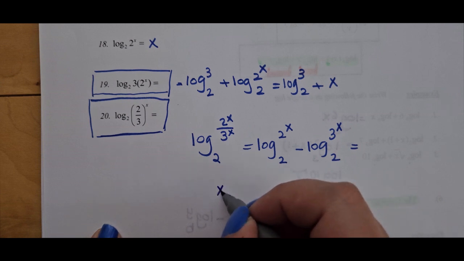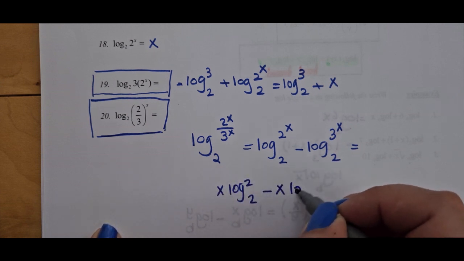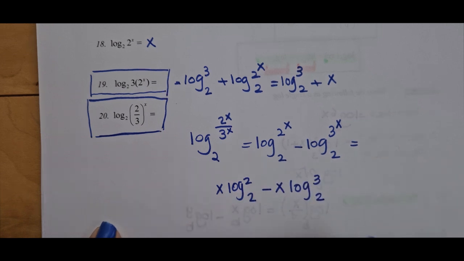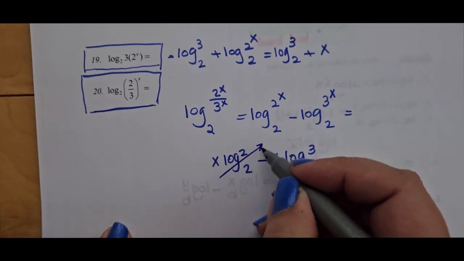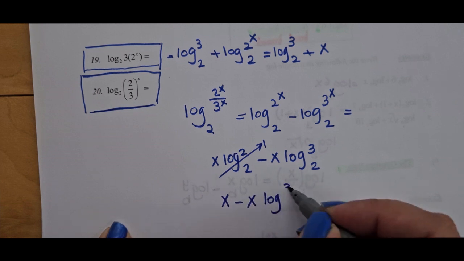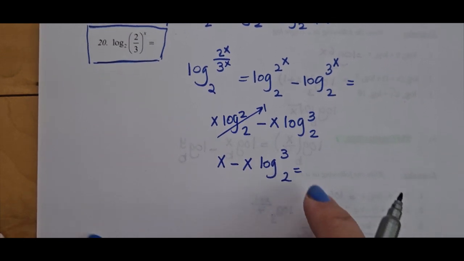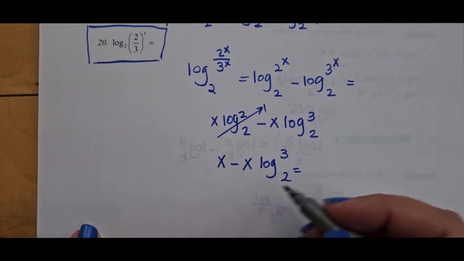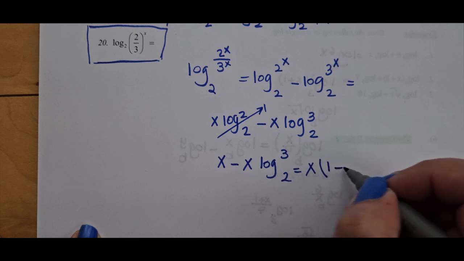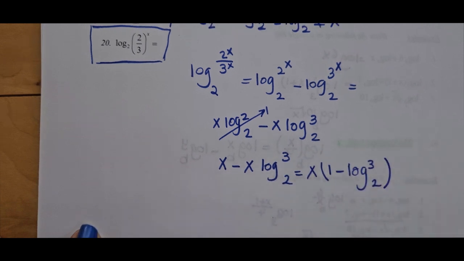So the first one would be x log 2, 2 minus x log 3, 2, right? So this one would be 1 times x minus x log 3, 2. So if you want, you can find the value of log x to the base 2, or you can simply factorize it.